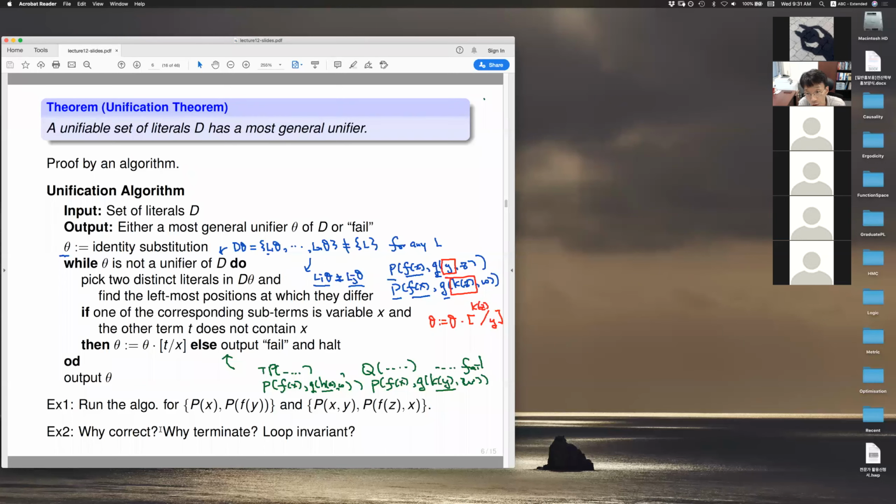So the algorithm can serve as a proof of this unification theorem. This is often done by the so-called loop invariant that we used when we discussed other algorithms before. So try to come up with a loop invariant that is good enough to show the correctness of this algorithm. I will give you another 5 minutes to do so.